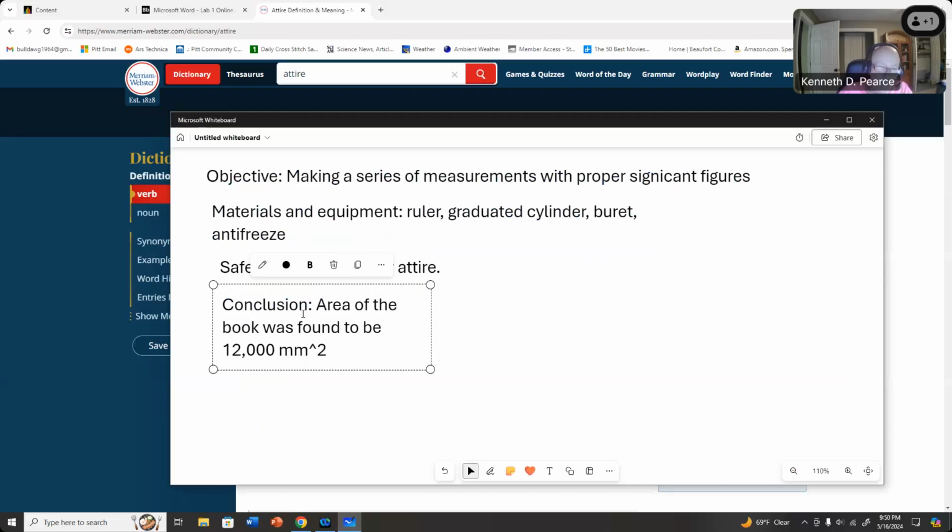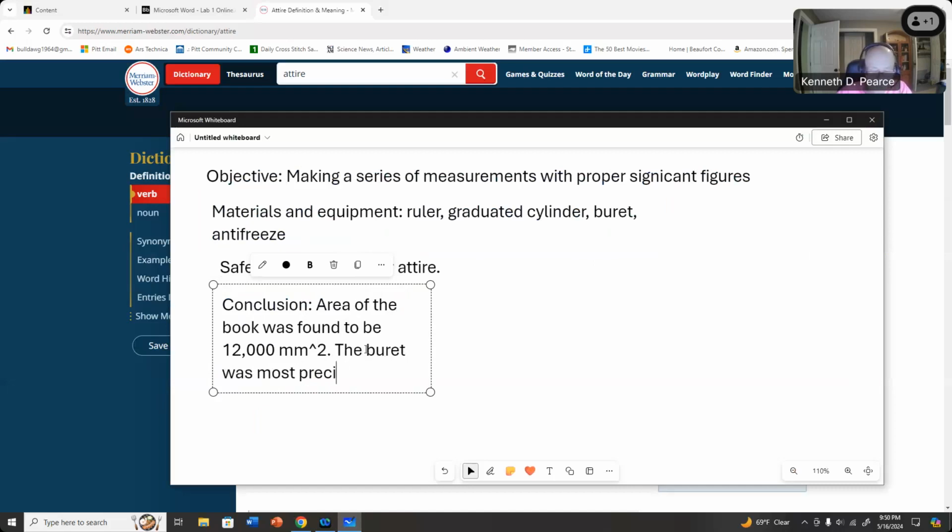Okay. And then we would say there's actually 3, and so the burette was most precise, and that's because you can read 2 decimal places.